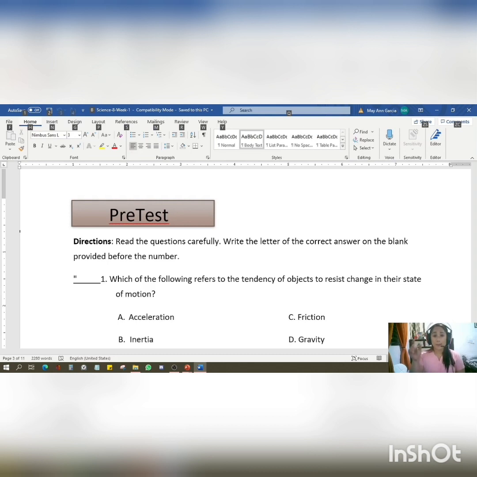Write the title Pretest and then number your papers 1 to 5 and then just write the correct answers. There's no need for you to copy the question. Just write the letter of the correct answers only. This is good for 5 minutes and your time starts now.